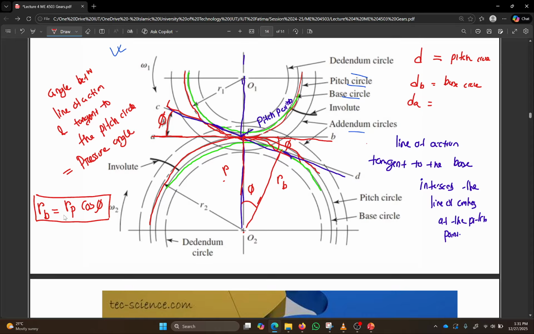And of course, the base circle and pitch circle diameters for the input and output gears may vary. So we say RBP equals RPP cos phi for the pinion, with omega 2, and we use RBG equals RPG cos phi for the driven gear, the output, omega 3.